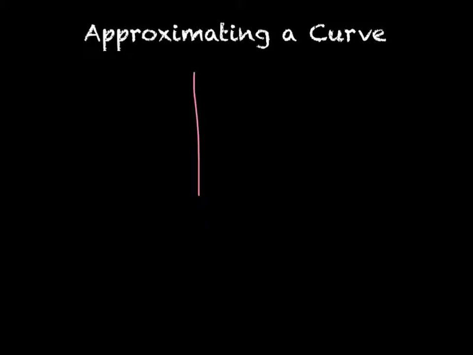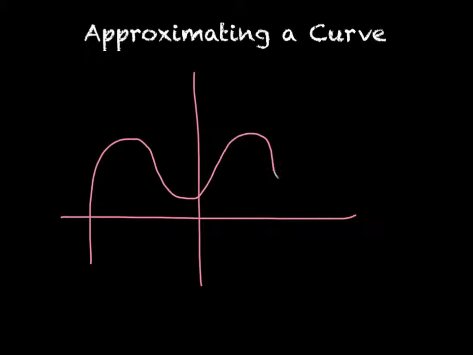If we have a curve, sometimes it's easier to analyze lines instead of curves. So let's say we have some sort of strange squiggly curve that looks like this. What we can do is we can approximate it using lines by dividing the curve into small pieces.